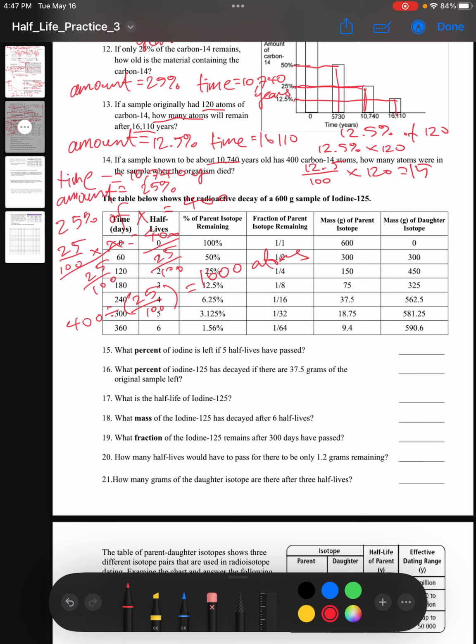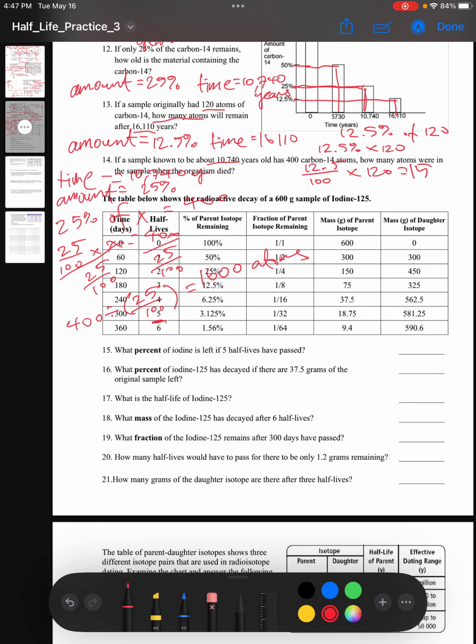Question 15. What percent of iodine is left if 5 half-lives have passed? It says, the table below shows the radioactive decay of a 600-gram sample of iodine 125.